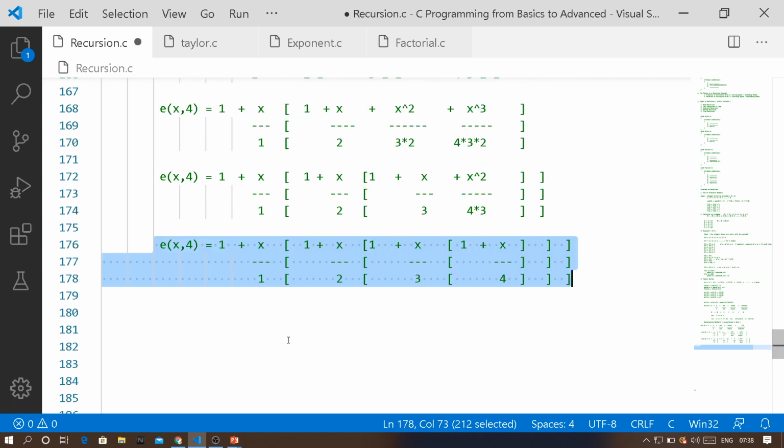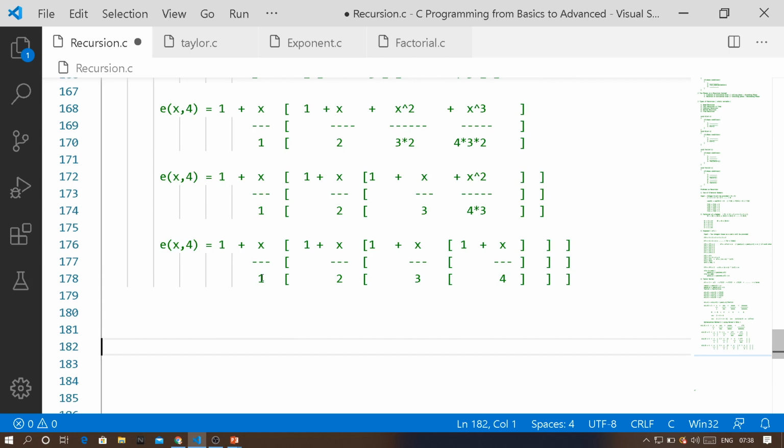Now if you see 1 plus x divided by 1, the whole bracket, it means x divided by 1 is multiplied with the entire term, and inside, 1 plus x divided by 2 is multiplied with both these terms, then 1 plus x divided by 3, and with this answer the internal part has to be multiplied.